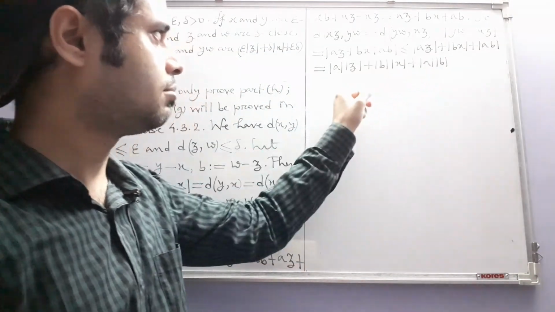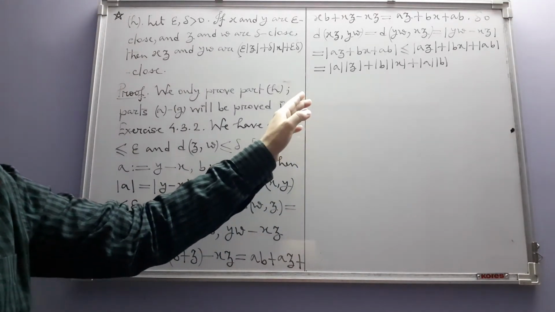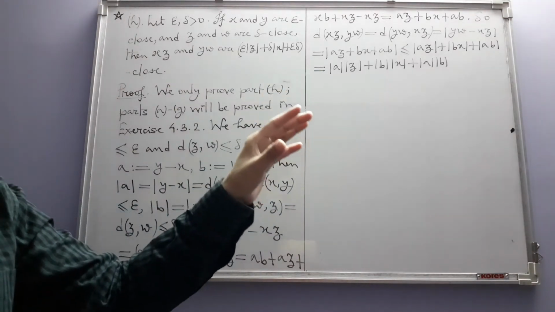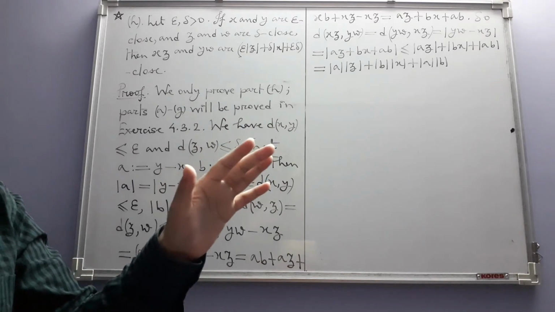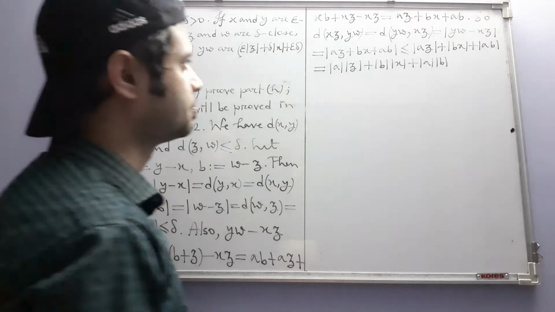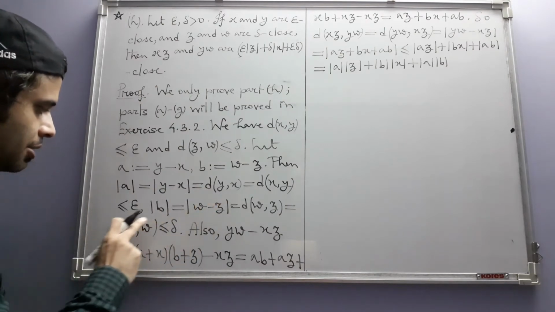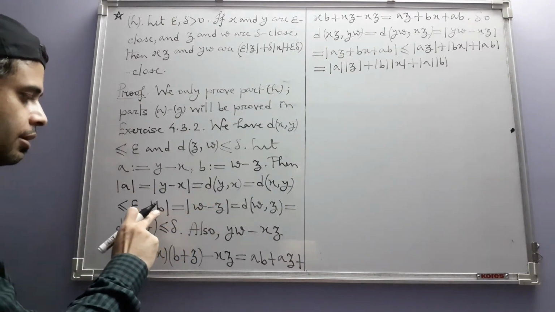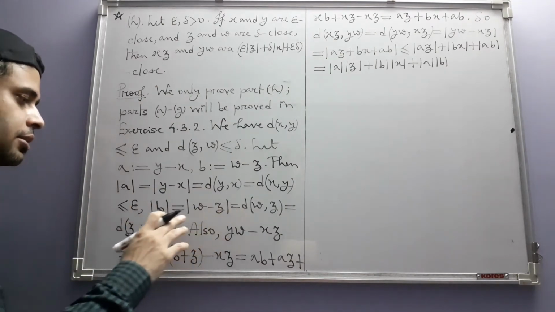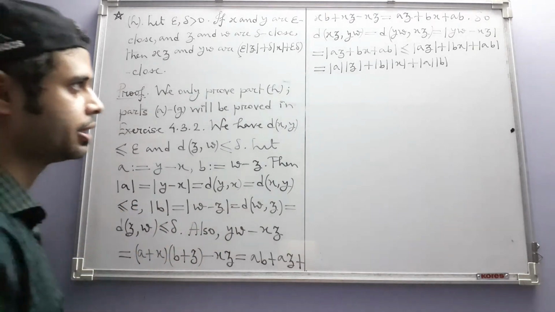This first term is equal to the first term here because absolute value is multiplicative, proposition 4.3.3 part C. Now you look at what is given. This turns out to be less than or equal to epsilon, and the absolute value of b turns out to be less than or equal to delta.